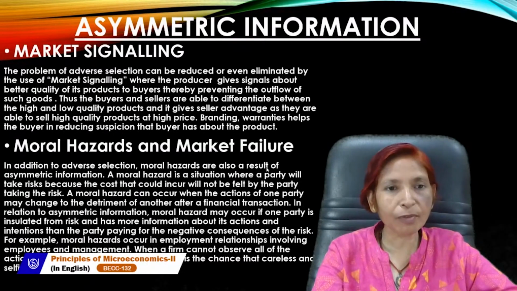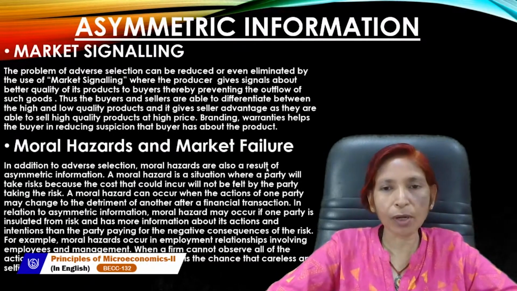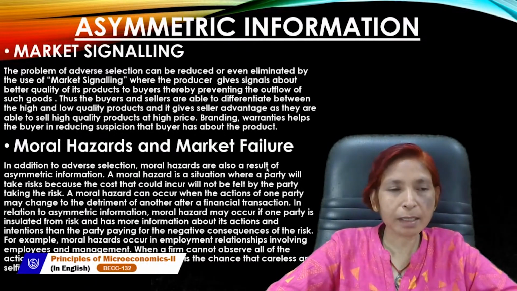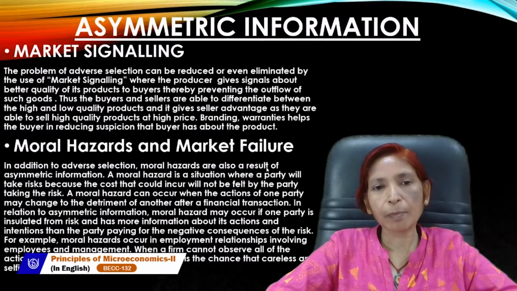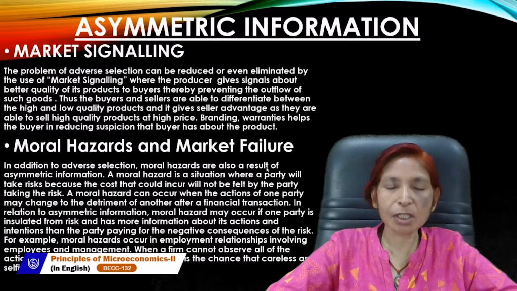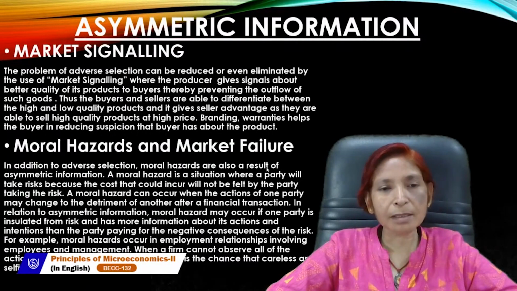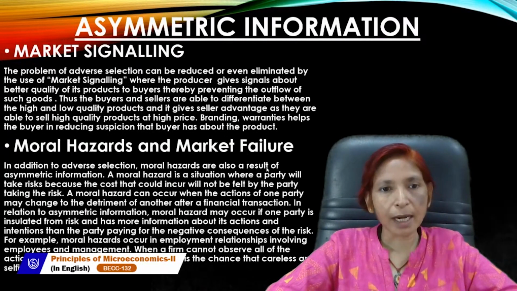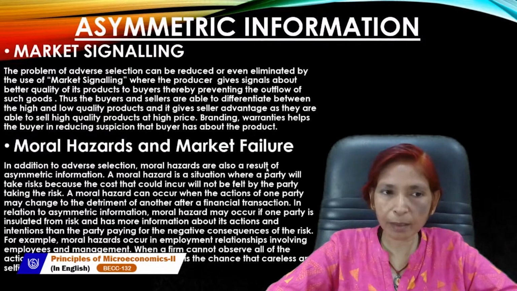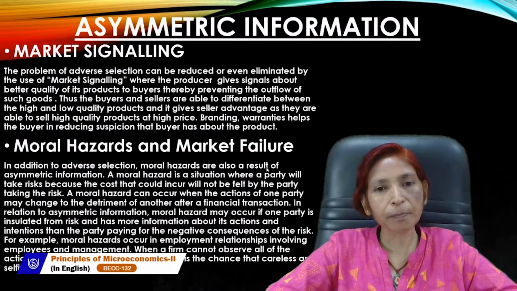The problem of adverse selection can be reduced or eliminated by market signaling, where the producer gives signals about better quality of its product to buyers, thereby preventing the outflow of such goods. Thus, the buyers and sellers are able to differentiate between the high and low quality product, and it gives the seller the advantage as they are able to sell high quality products at high price.